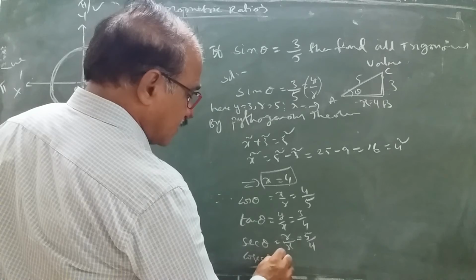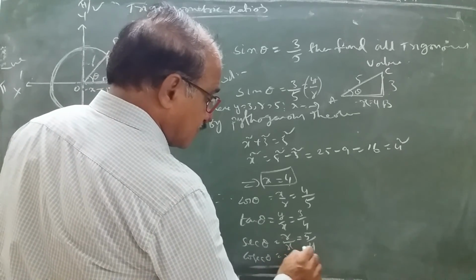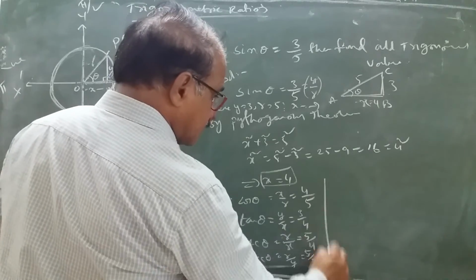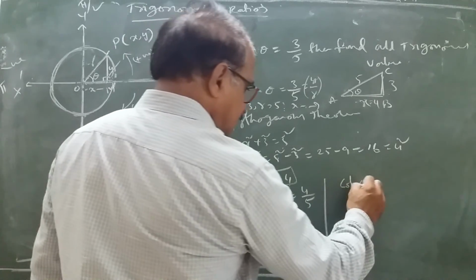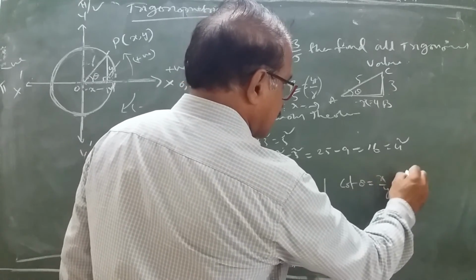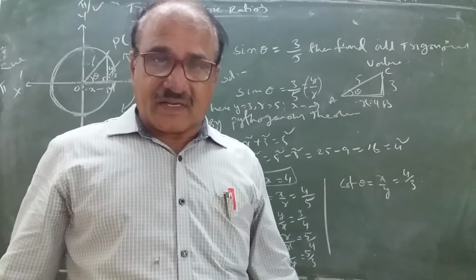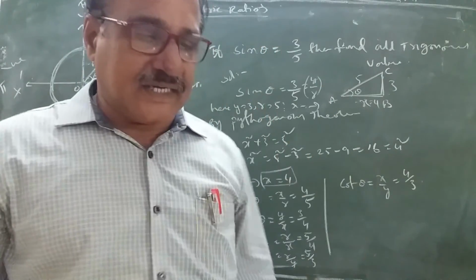Cosecant is equal to r by y, which is 5 by 3, and cot is equal to x by y, which is 4 by 3, like this. This is one way.